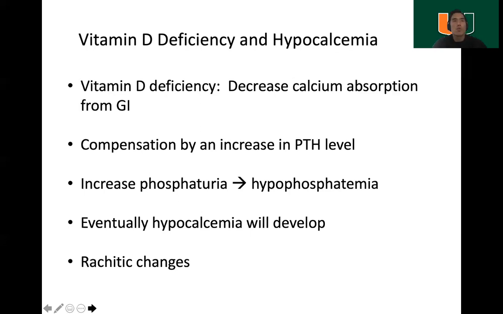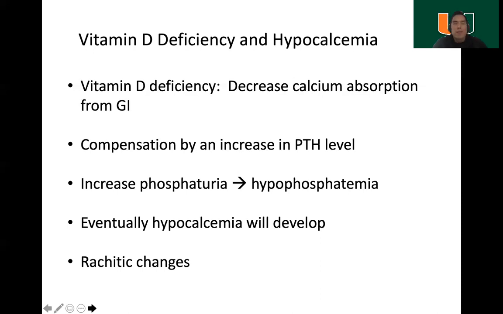So who's the most susceptible to vitamin D deficiency rickets? Infants who are exclusively breastfed, because not only does breast milk have low vitamin D content, it also provides less calcium. I know we always promote breast milk.